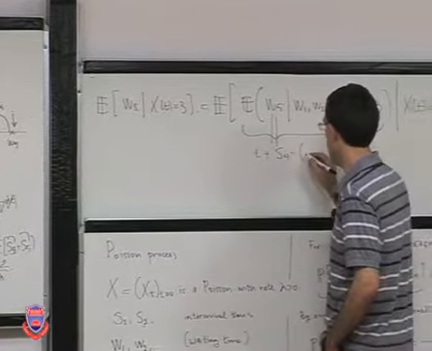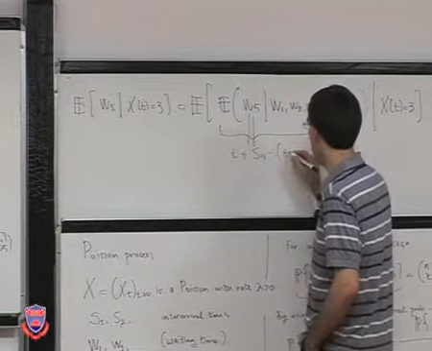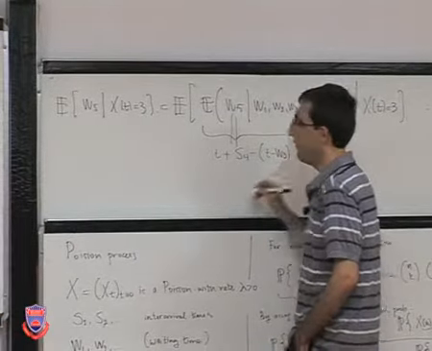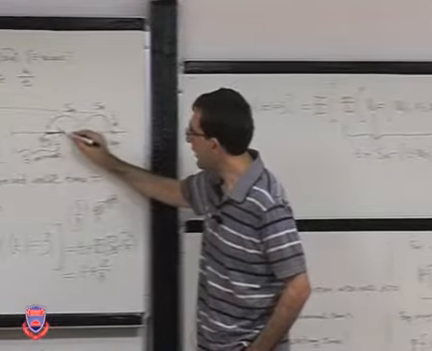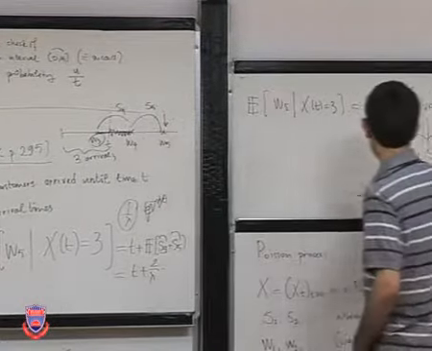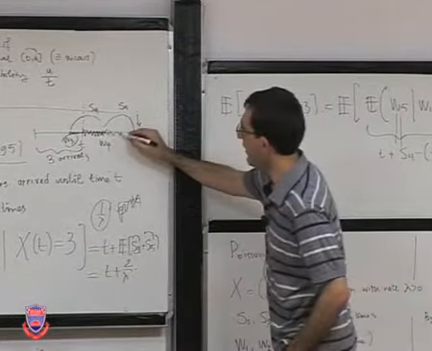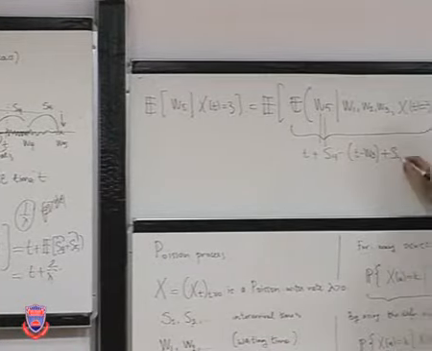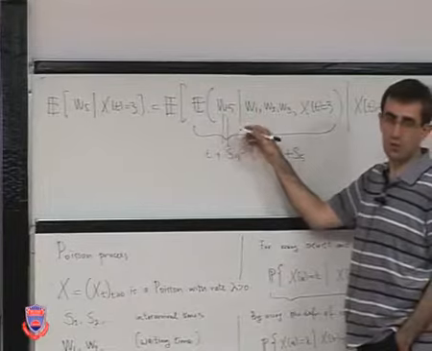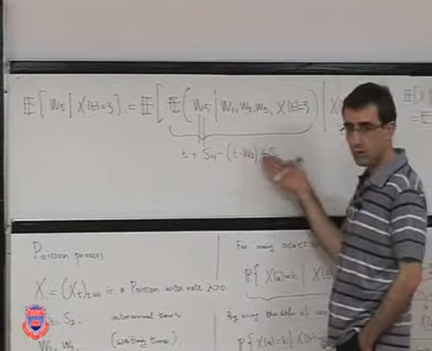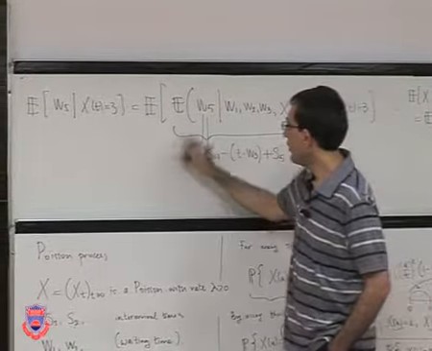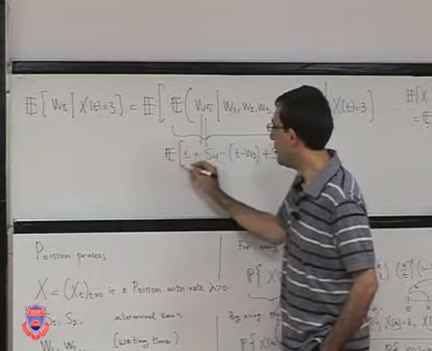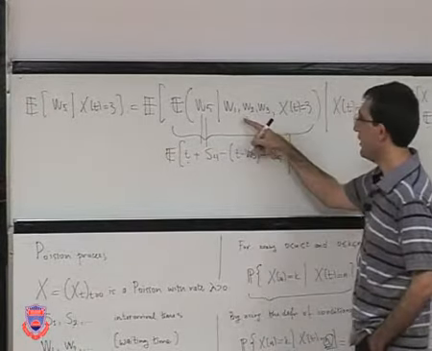S4 minus, what is that difference? t minus W3, right? So now we know what this is. Then we also have to add the next, fifth inter-arrival time. That would be the direct way of writing it. And W5 of course equals this, right? So you are interested in the conditional expectation of this thing.